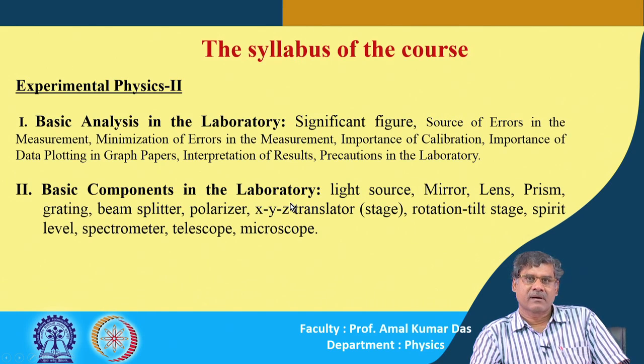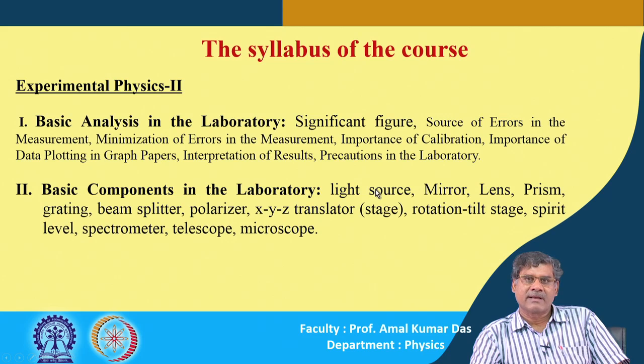Basically I will discuss the light source, which is compulsory for optics experiments, and then the mirror, lens, prism, grating, beam splitter, polarizer, XYZ translator, rotation or tilt stage, spirit level, spectrometer, telescope, microscope. These are the basic instruments and tools in the optics lab.